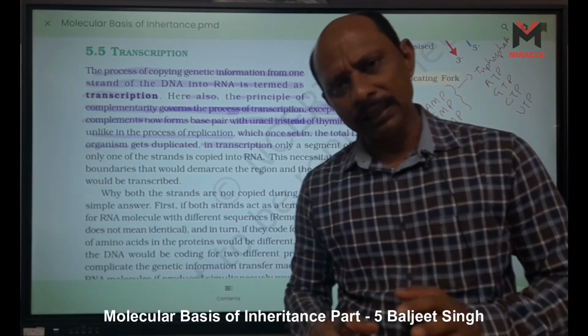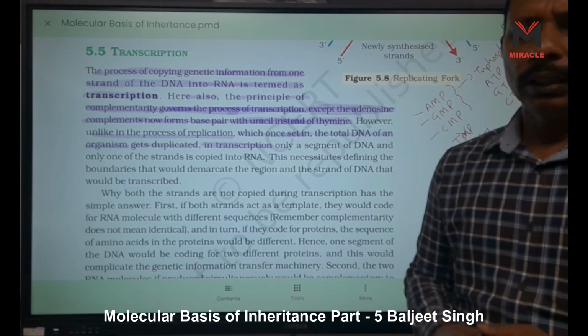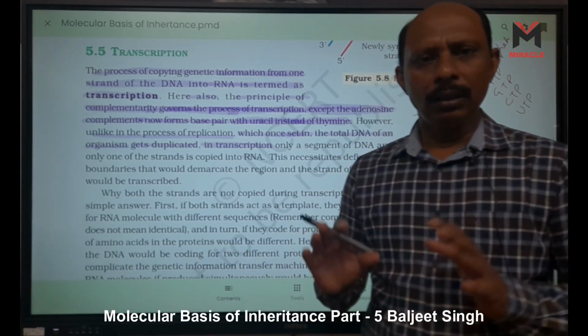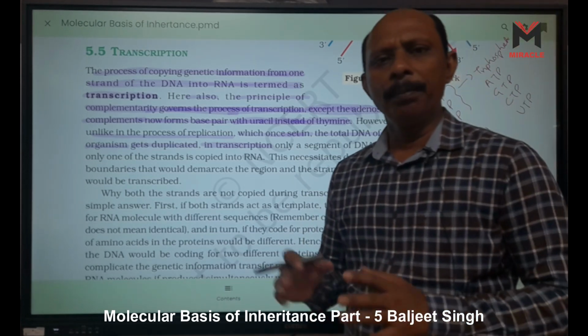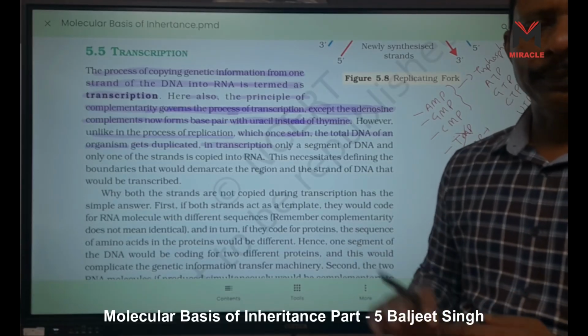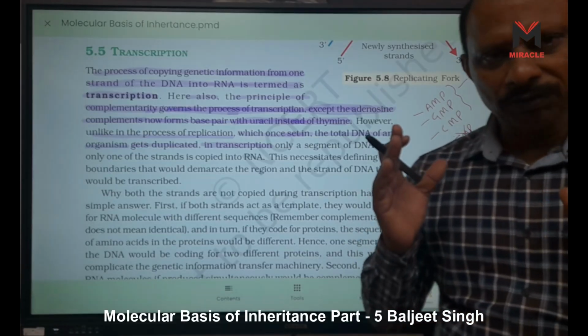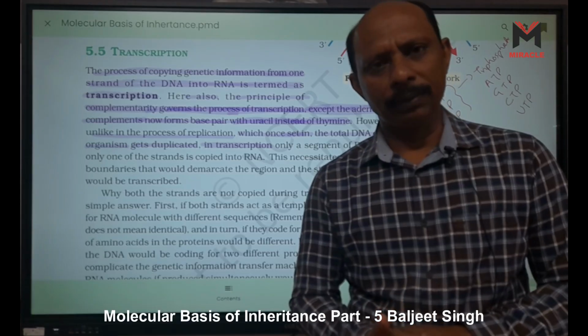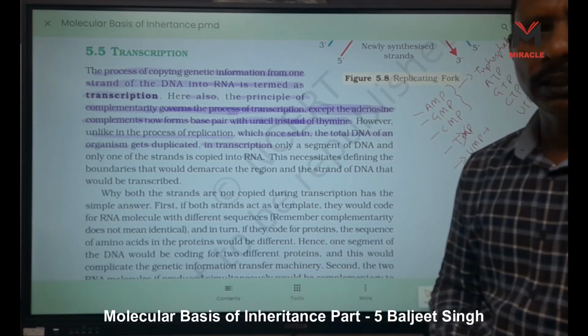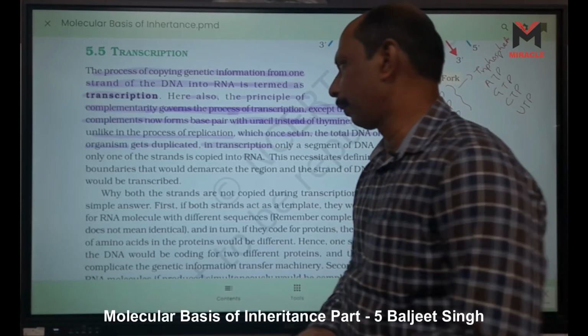Heterochromatin is transcriptionally inactive. That means the whole DNA is not responsible for the formation of messenger RNA; the whole DNA never undergoes transcription, right? Only a specific part is responsible, and this part is the euchromatin part of DNA.